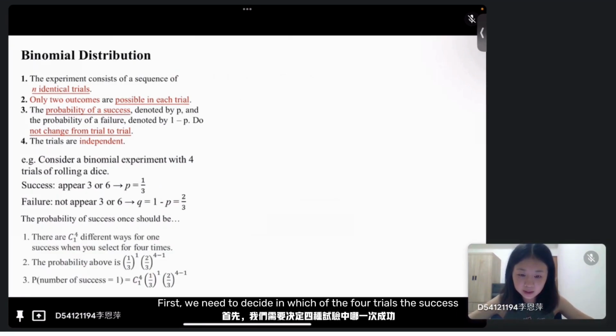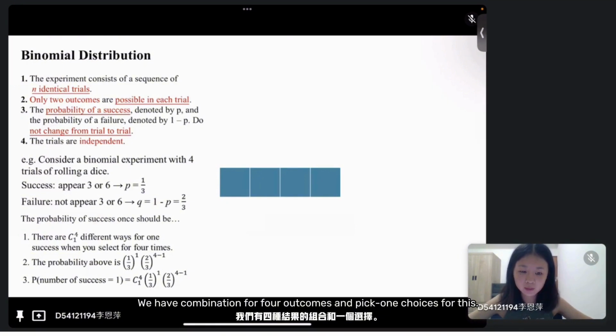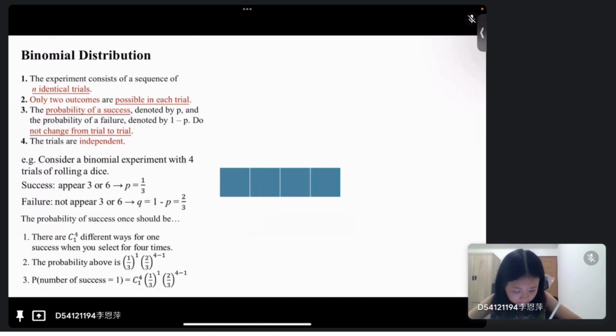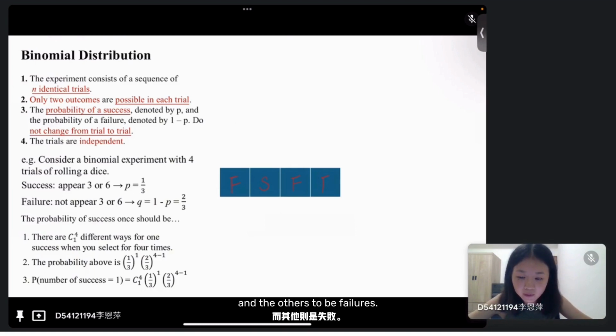First, we need to decide in which of the 4 trials the success will occur. We have combination of 4 choose 1 for this. Let's say we pick the second trial to be the success, and the others to be failures.